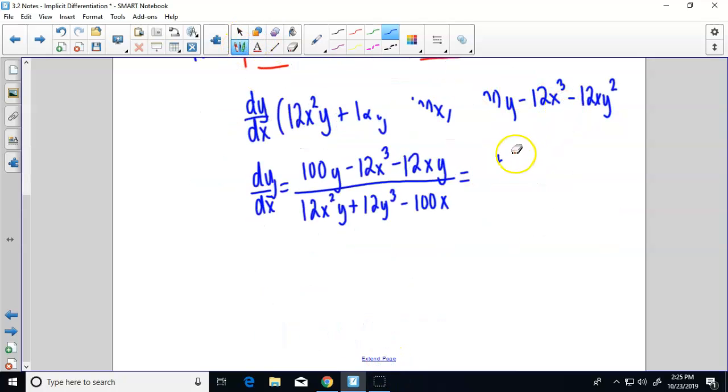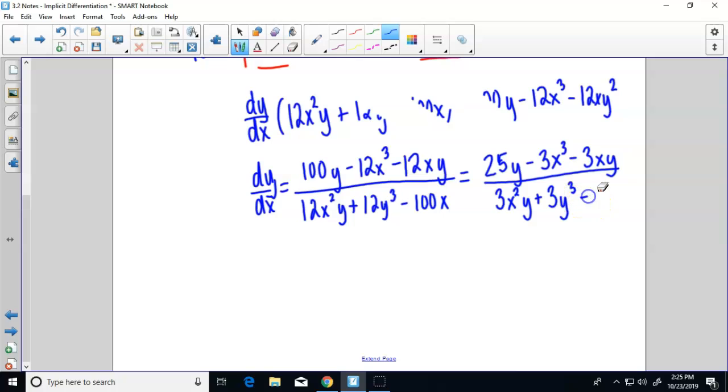It's trying to make me lose my mind. 25y minus 3x to the third minus 3xy over 3x squared y plus 3y to the third minus 25x. It turns into an eraser in the middle of writing. See there, it's turned to eraser again.